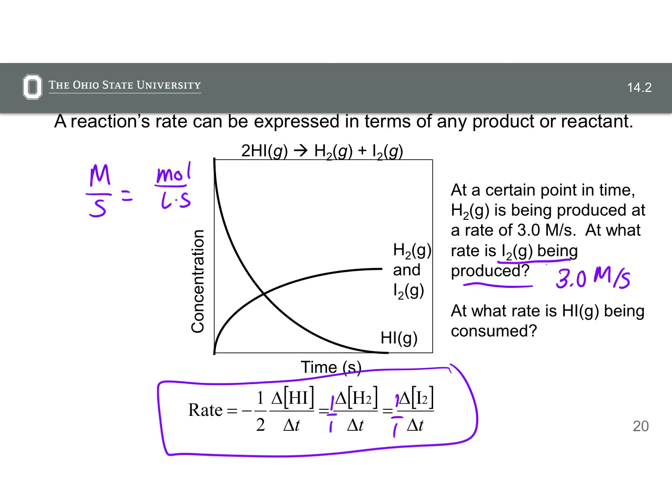Okay, so then at what rate is HI being consumed? Now, you might need to do some math here. Take your time and do that one real quick. Write it out.